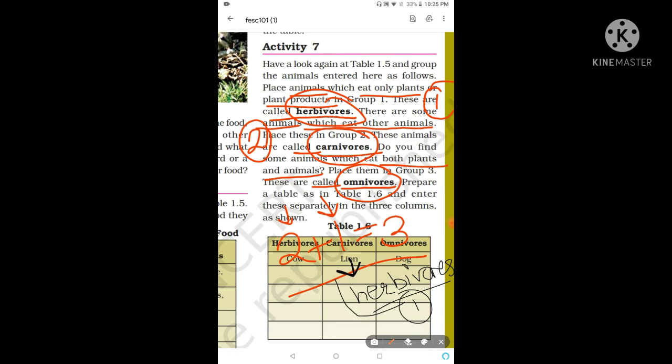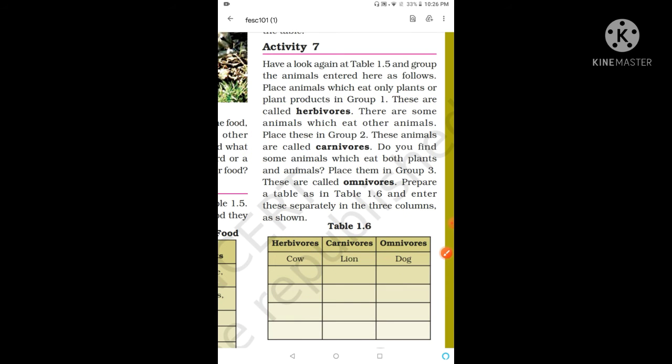अब हम नंबर 2 को क्या नेम दे रहे हैं? नंबर 2 को हम देंगे carnivores. इतना इजी था ना? तो नंबर 2 को हमने नेम दे दिया कार्निवोरस और नंबर 1 को हमने दे दिया हर्बीवोरस. अब जब हम कार्निवोरस और हर्बीवोरस को प्लस करेंगे, मीन्स 2 और 1 को प्लस करेंगे तो हमारे पास आएगा नंबर 3, मीन्स omnivores, right?